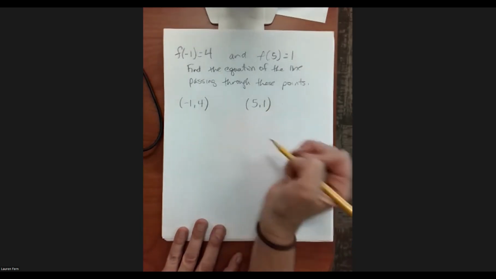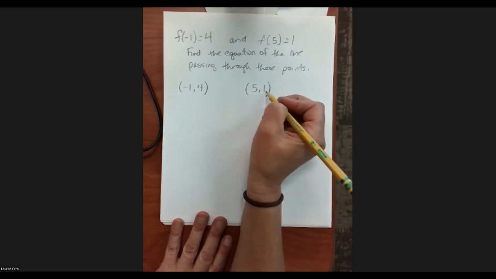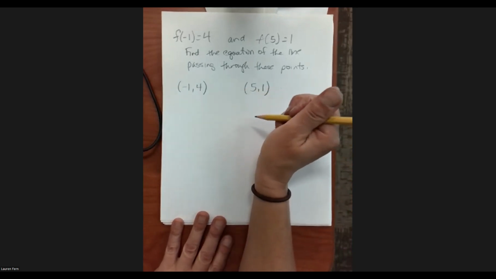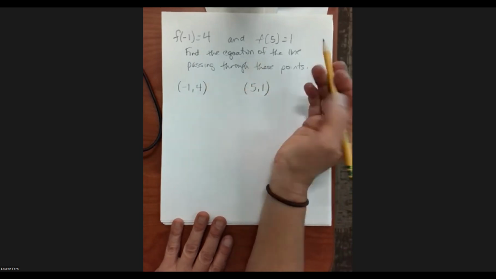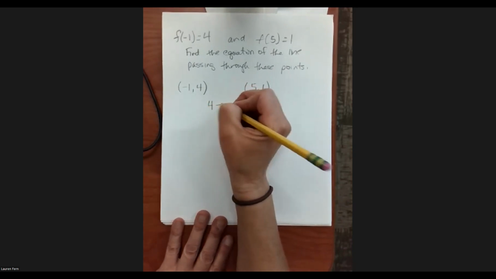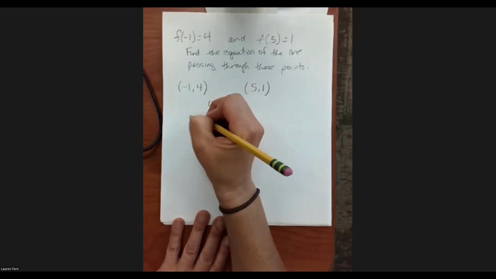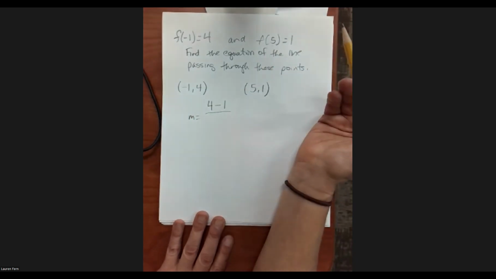Okay, what's my next step? Yep, we're going to find our slope. So who should I start with in my numerator, 1 or 4? Okay, we'll start with the 4. So since I started with this y value, who do I need to start with in my denominator?